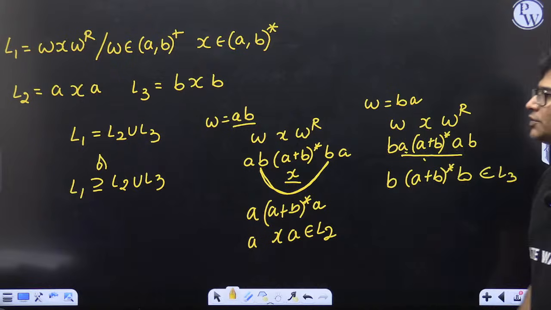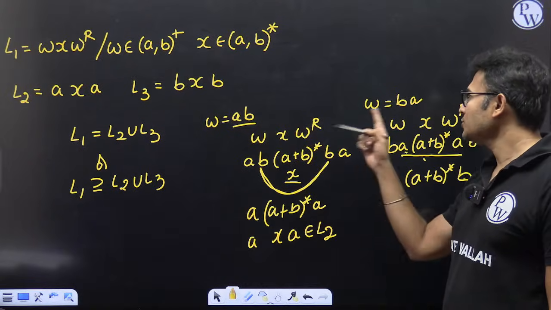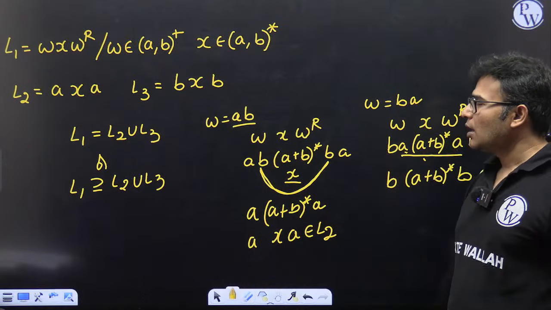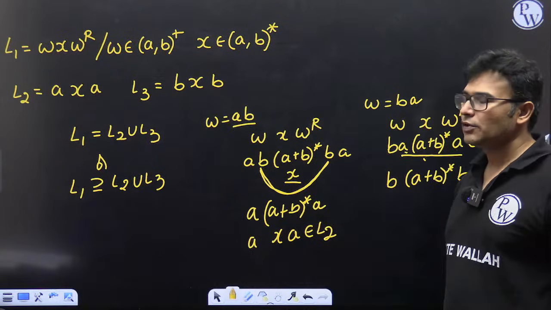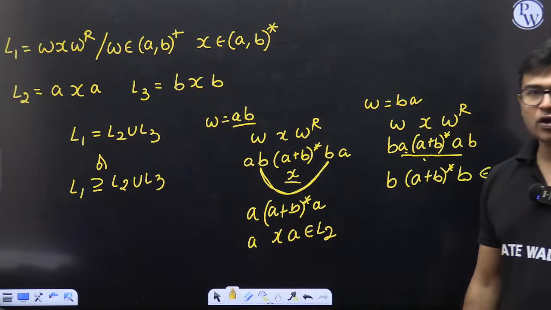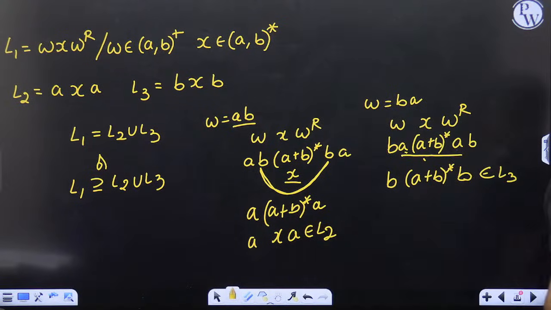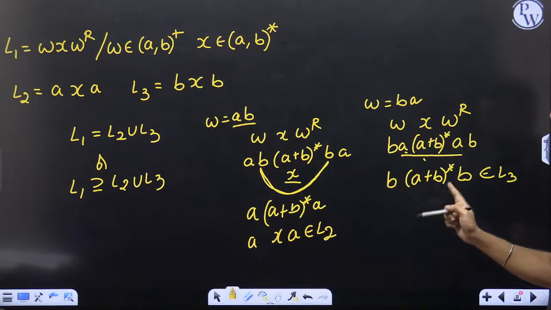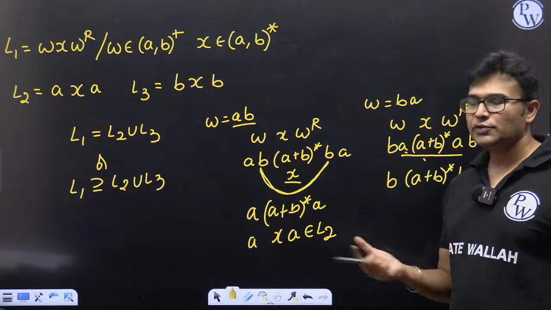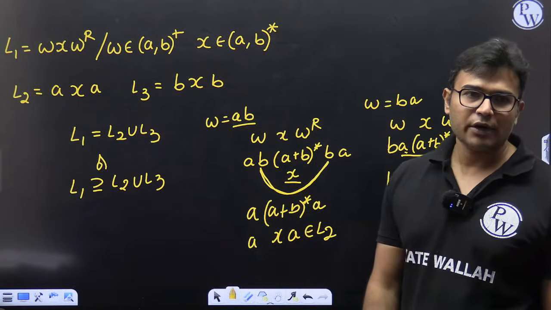Now take any string starting with A or starting with B as W. Either it will belong to L2 if it is starting with A, or it will belong to L3 if it is starting with B. So by using this method, you can solve any question, right?